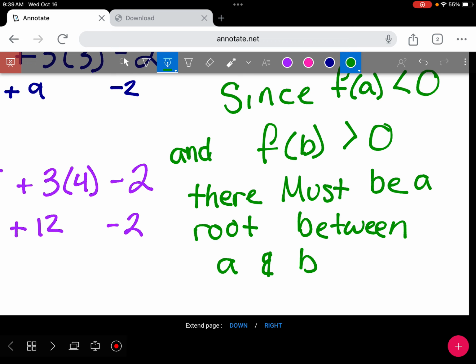There has to be one. Because at f of 3, we are negative, and at f of 4, we are positive. It's got to cross the axis somewhere between them. So it has to hit 0.